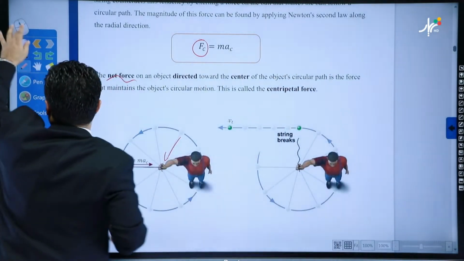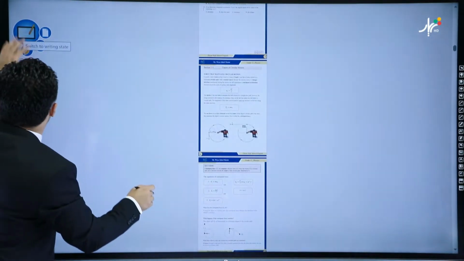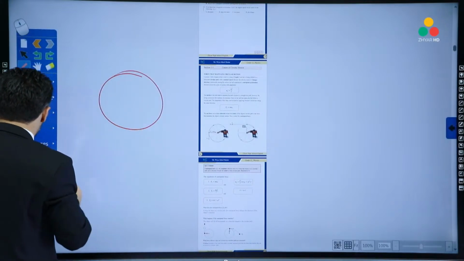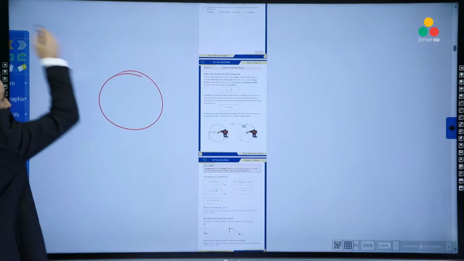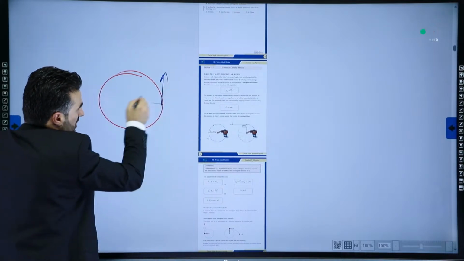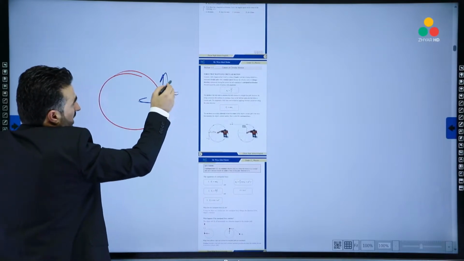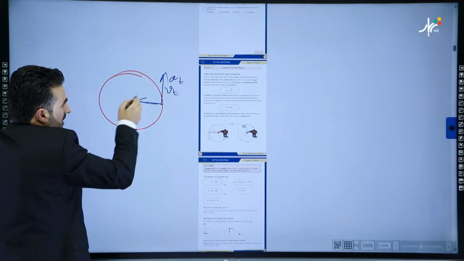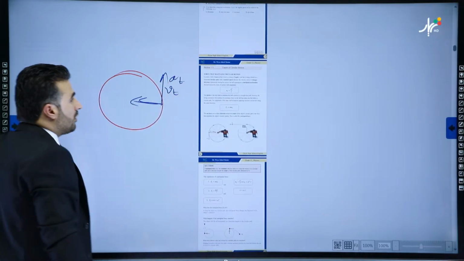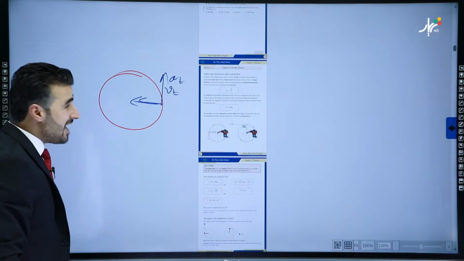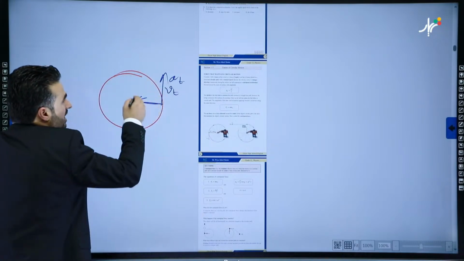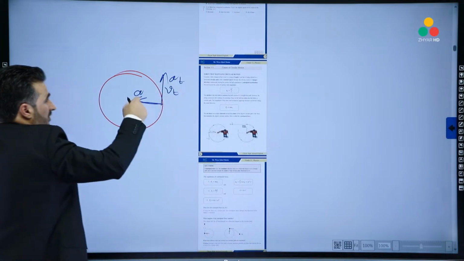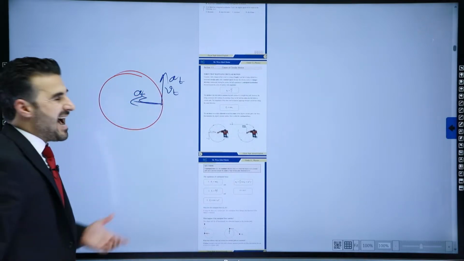So if I redraw this for you, when we have an object that moves in a circle, we said that whenever an object is moving in a circle, there is a tangential speed, and if the speed is changing, we can have tangential acceleration. The acceleration due to the change in the direction of the velocity is called centripetal acceleration.